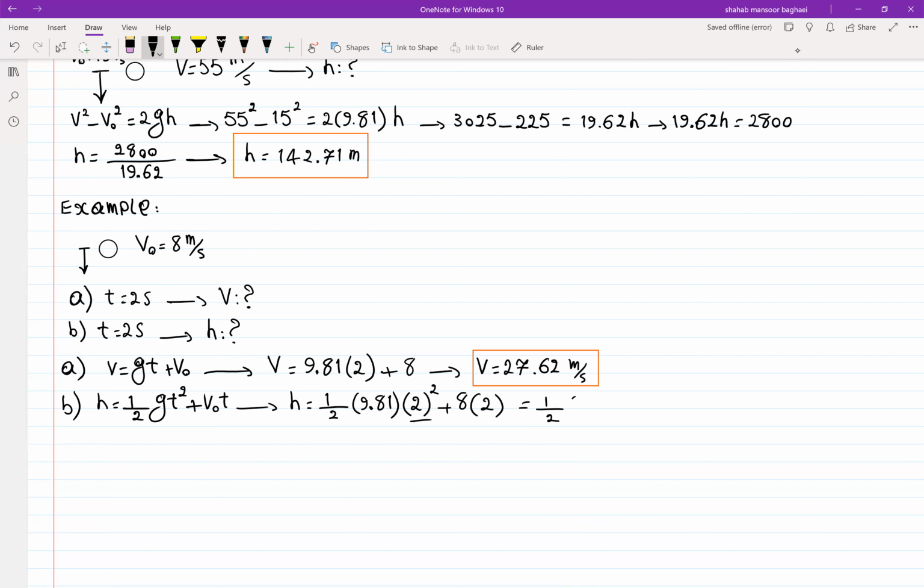That's half times 9.81 times 4, and 8 times 2. The first part is 19.62 plus the second part is 16. Therefore, you can find height. That's 35.62 meters. The unit of height is meters. This is the second part.